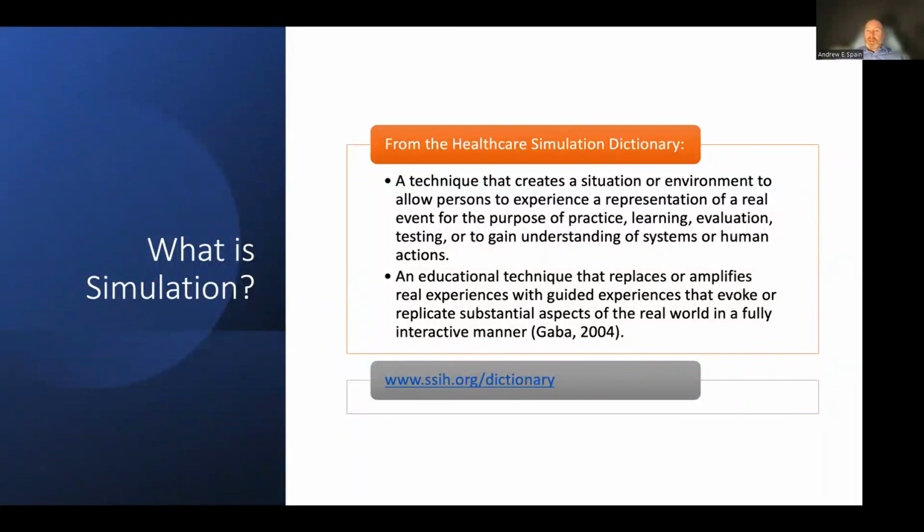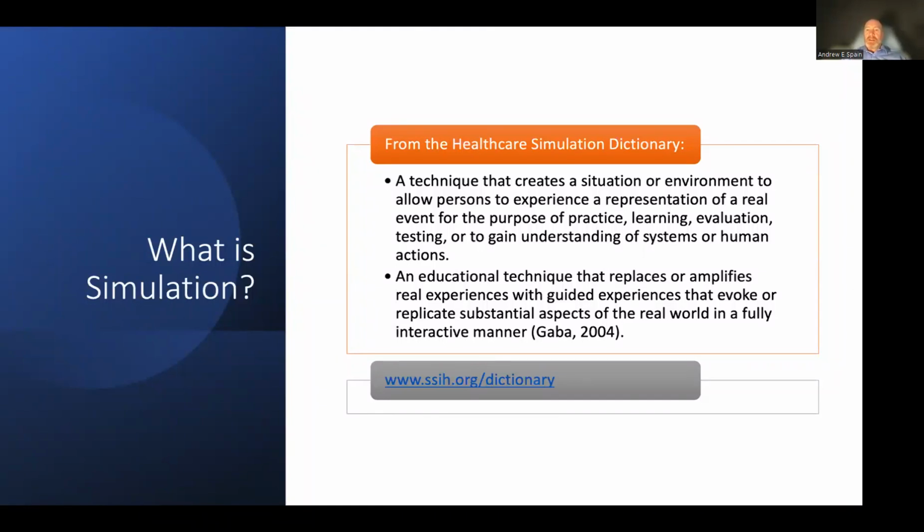Regardless, we have to start with understanding, as a shared mental model, what simulation is or is not as I'm presenting it. I pull a couple of definitions from the Healthcare Simulation Dictionary just to give you some insight into that. Ultimately, it is one of the tools in your arsenal that you can use for your EMS curriculum, whichever piece that is.